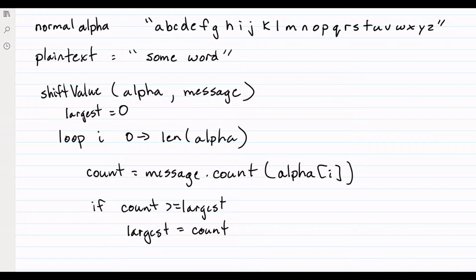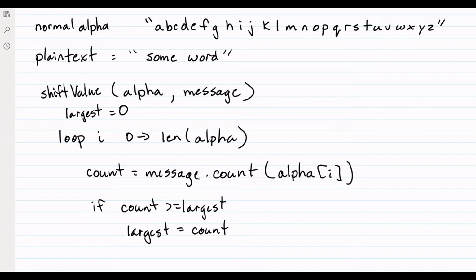Okay, so this will actually find the number. Let's say in my example here, it looks like O is the most frequent because there are 2 of them. It would tell me largest would be 2. That's not what I want. I want the location of O in the alphabet, right? Because that's going to determine the actual shift value.